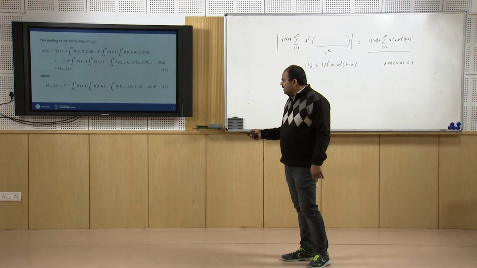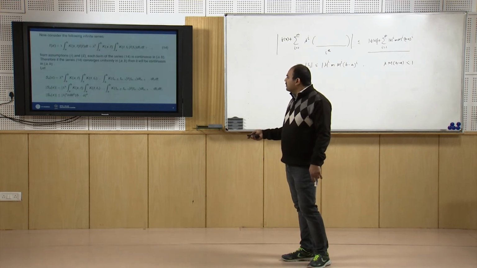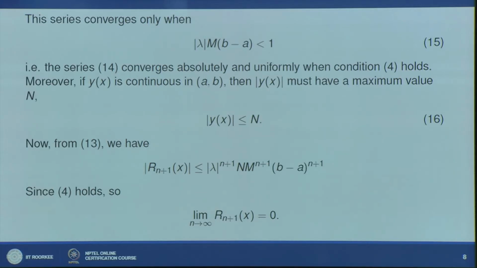So this is capital N taken out, and kxt appears n plus 1 times. So we have the bound of R n plus 1 as modulus of lambda to the power n plus 1, N, capital M to the power n plus 1, b minus a to the power n plus 1. We already know that modulus of lambda capital M, b minus a is less than 1. So as n tends to infinity, this is also going to be 0.